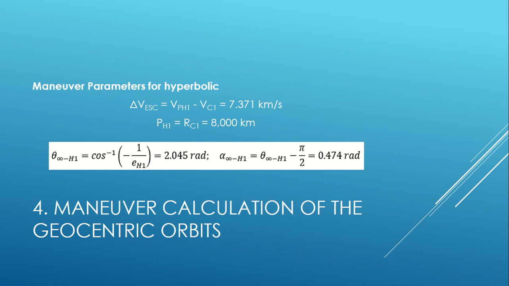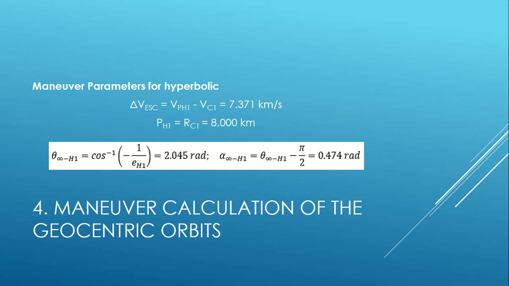Then when is the time that it needs to launch from Earth parking orbit to transfer orbit? The maneuver parameter for the hyperbolic is delta V escape, which is the velocity in the hyperbolic minus the velocity for the circular orbit, and we get 7.371 km per second.